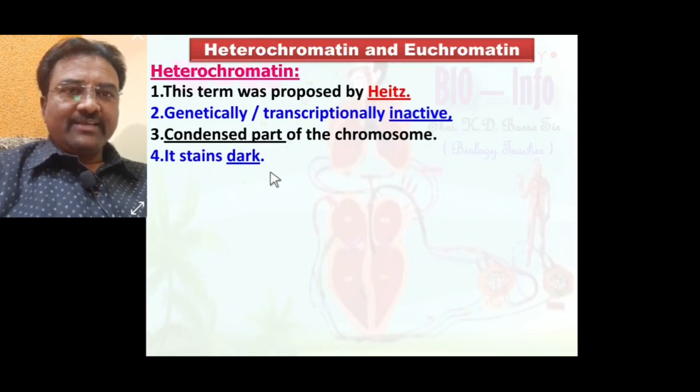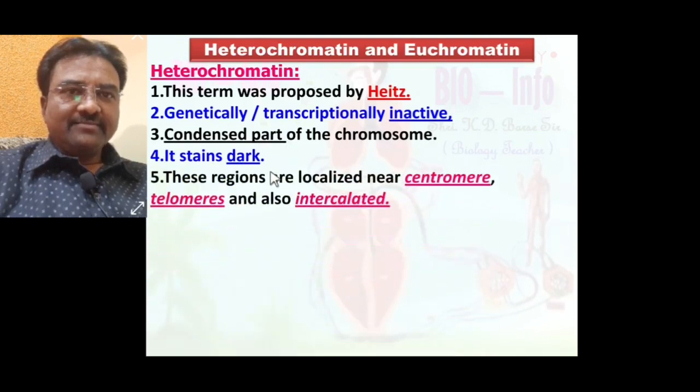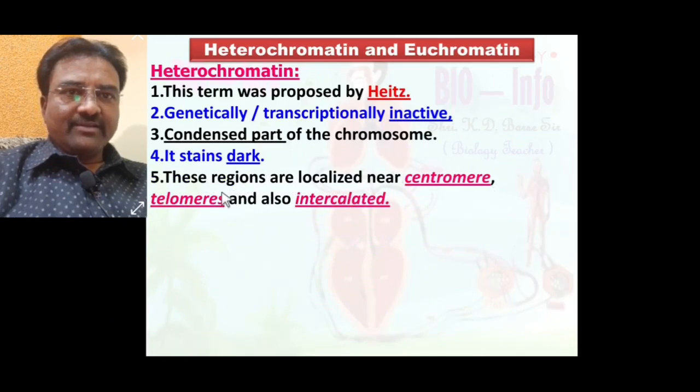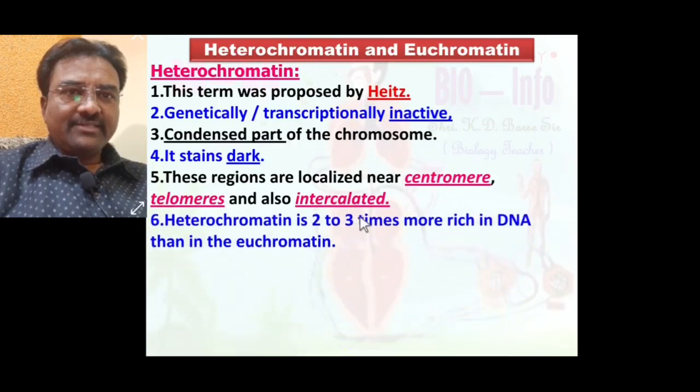Heterochromatin stains dark. Heterochromatin regions are located near the centromere, telomere, and also intercalated. Heterochromatin is 2 to 3 times richer in DNA than the euchromatin.